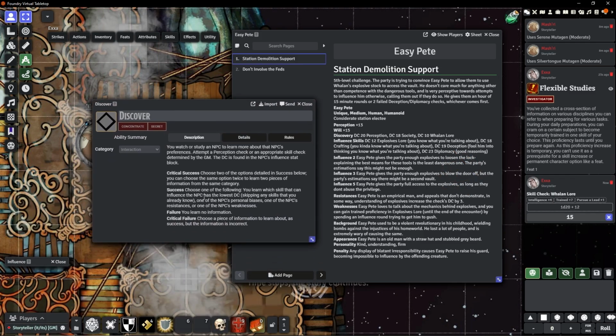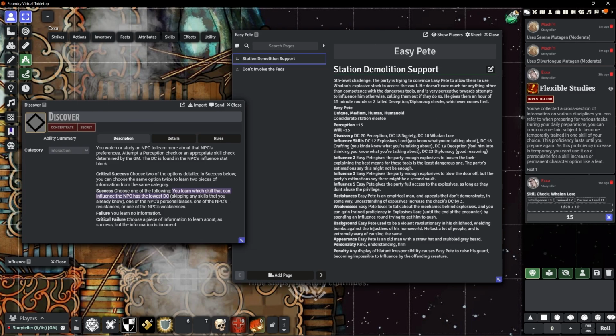And a success on discovery means you get to choose one of the following. Learn which skill that you can use to influence the NPC has the lowest DC. So when you are telling the players what skills they are allowed to use, and of course allow them to use other skills if it makes sense that they would be relevant, you do not want to tell them, however, what the actual DCs are.